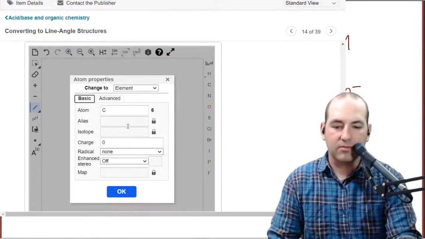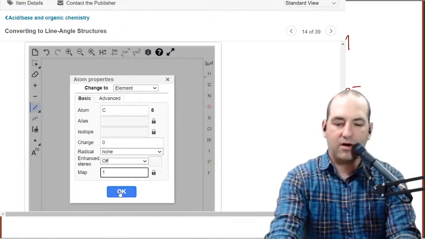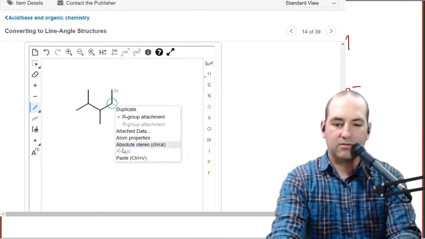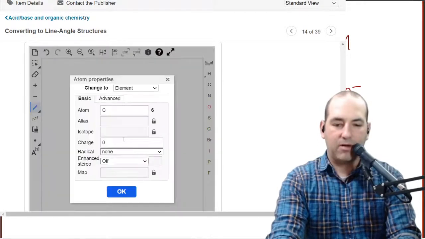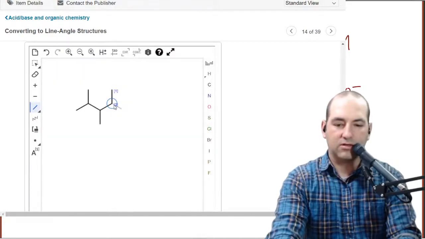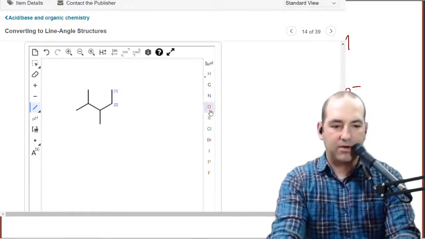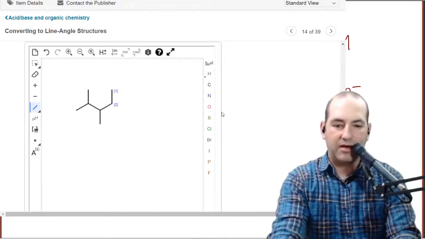Uncheck the box on the map, and then I'm going to put 1 there, and then I've got my 1. And then I can go to the next one, atom properties, and change that to 2. And now I've got 2. Now this is not the correct answer for this problem, but that's the procedure to do that.